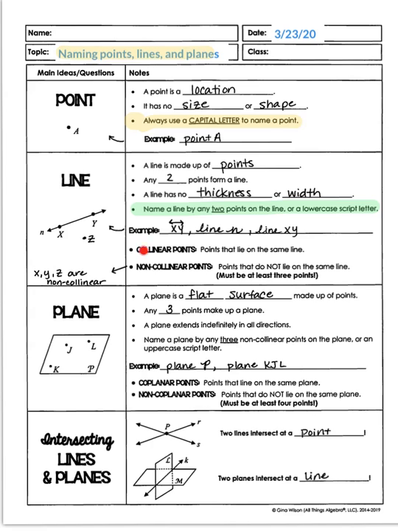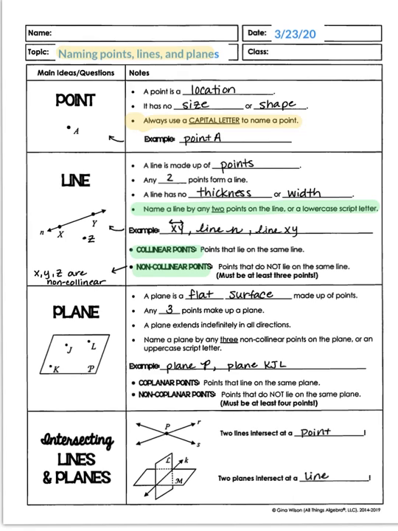Now, collinear points is another vocabulary word that's important. Collinear points are points that lie on the same line. So collinear, points that lie on the same line. Non-collinear are points that do not lie on the same line.